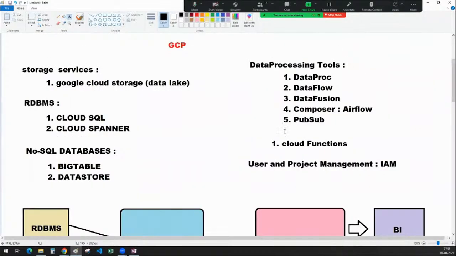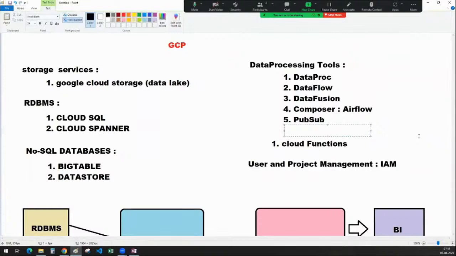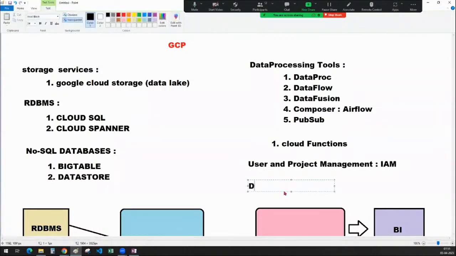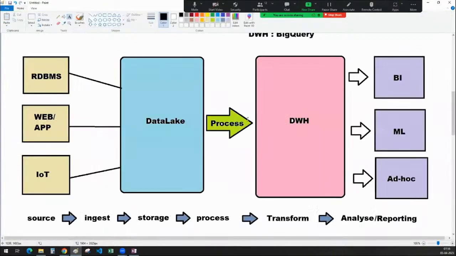And sorry guys, I actually forgot a very important tool, that is BigQuery. That is our data warehouse, right? That is not a data processing tool, that is a data warehouse tool. Okay, what is BigQuery, guys?